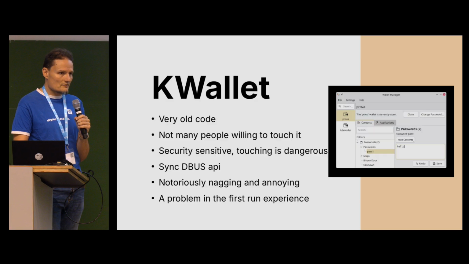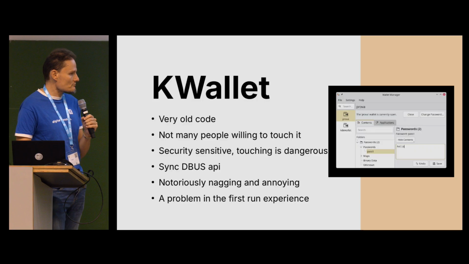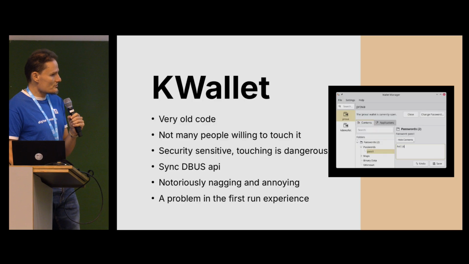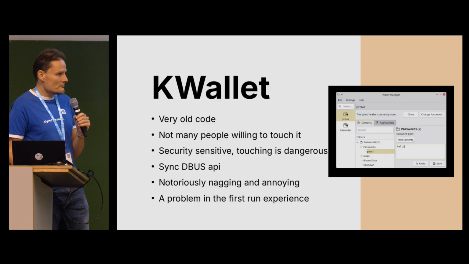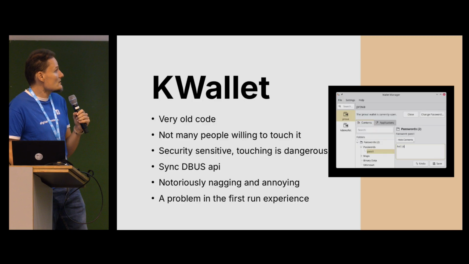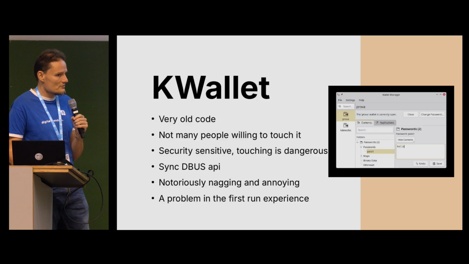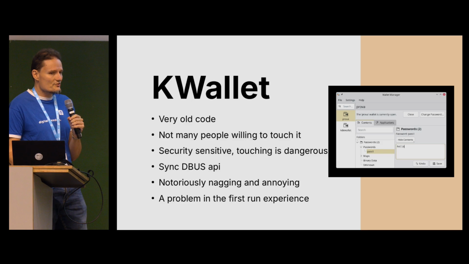Another problem is that it's a D-Bus API where everything is sync, so it's not beautiful for avoiding freezes in your applications. And another thing that people are constantly complaining about is that its first run experience is not really good.